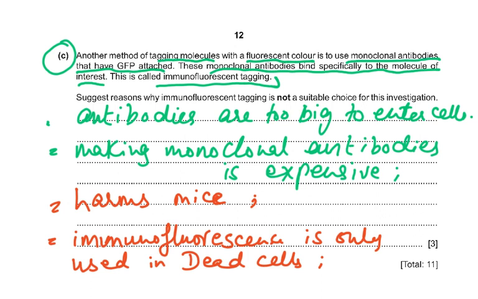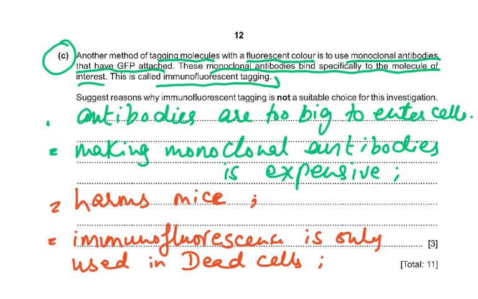Making any monoclonal antibodies is very expensive. It harms the mice. You have to inject the B cells into the mice, and then you have to let them develop the plasma B cells, and then you have to kill the mice, and then of course you take out the plasma B cells, and then you fuse them with the cancer cells, and you become hybridoma. All that, of course, is what we study in the AS level.